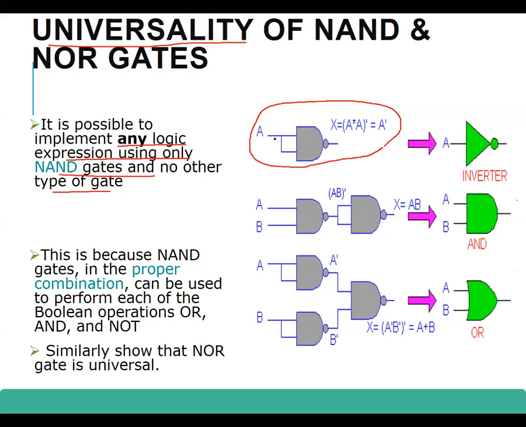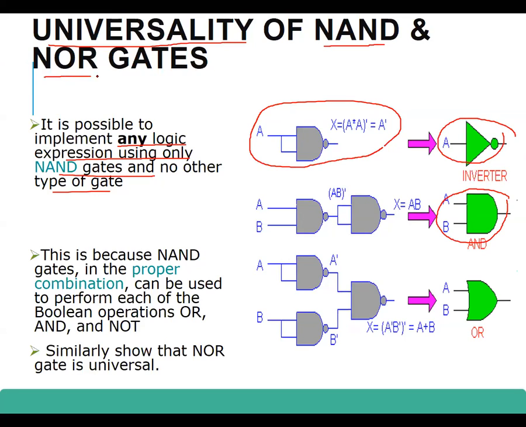You can see the same input A is given to both inputs. In NAND gates you can actually draw all the three basic gates using only NAND gates. That's why we call it universal.